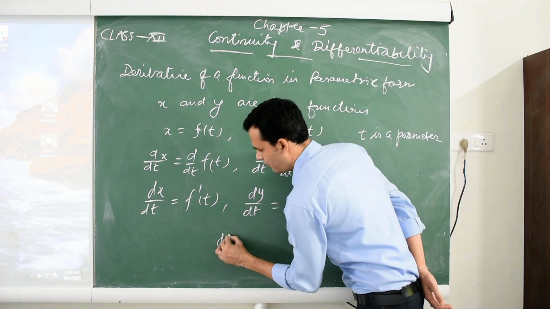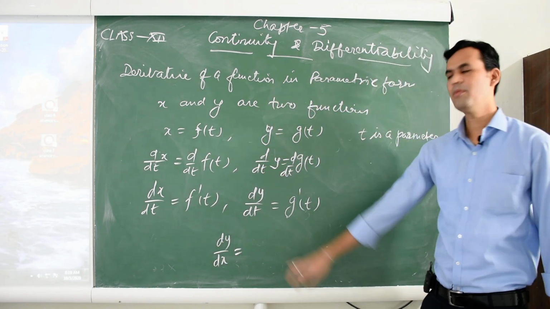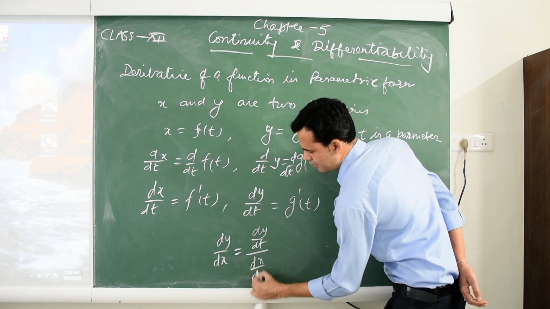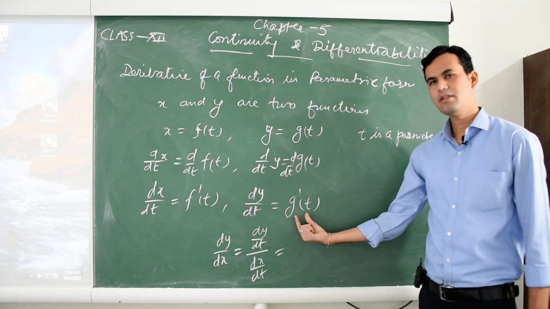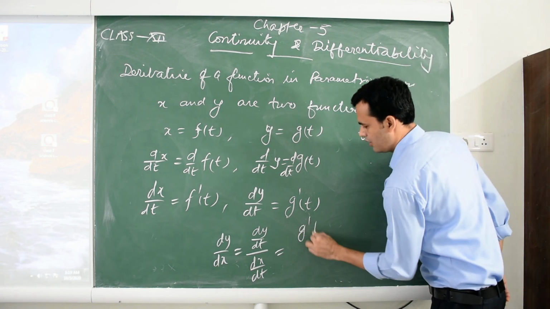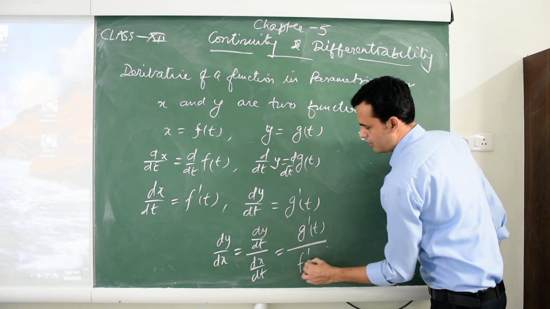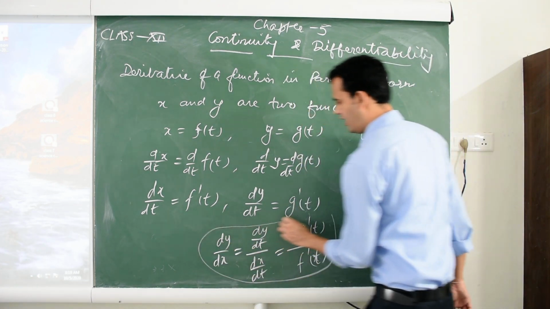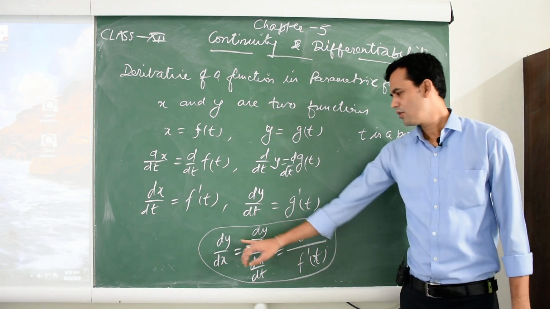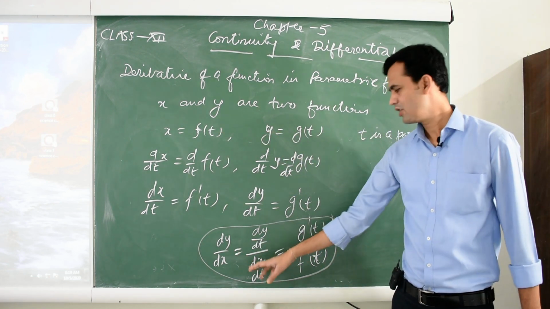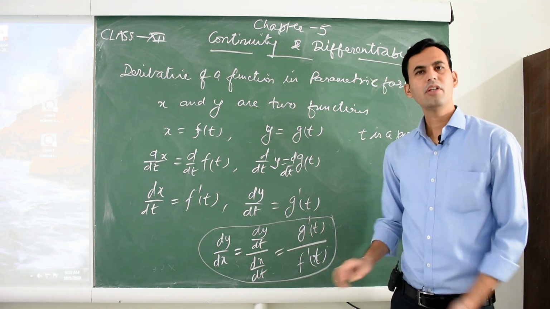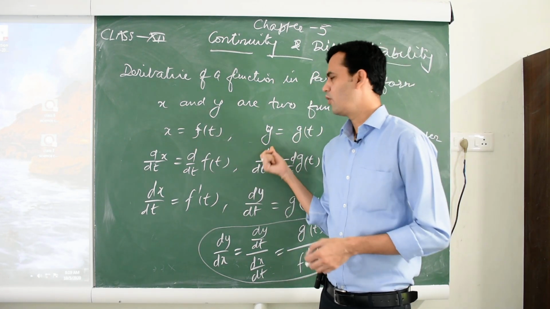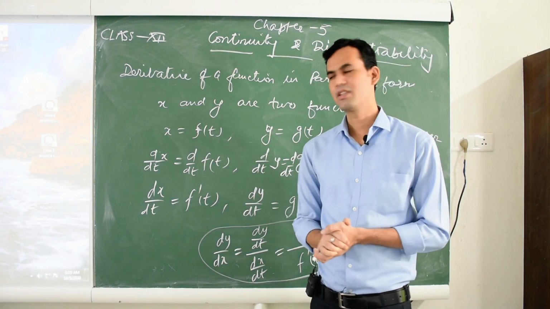After that we find dy by dx, and dy by dx equals dy by dt upon dx by dt. So the value of dy by dt is g dash t, and the value of dx by dt is f dash t. So this is dy by dx, and differentiation of these two functions with respect to x is g dash t upon f dash t.